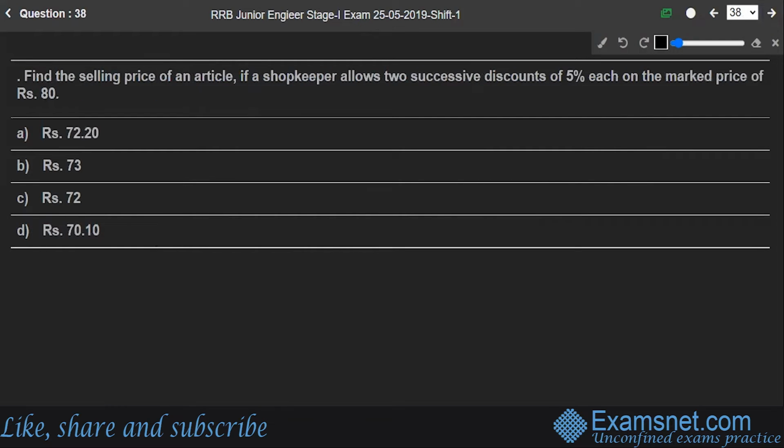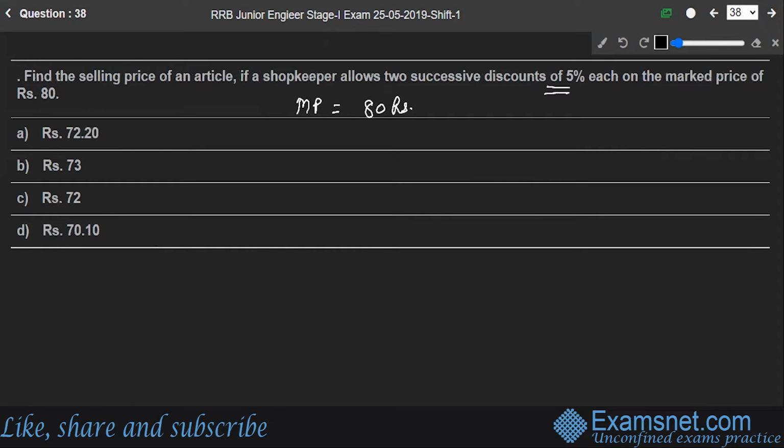Find the selling price of an article if the shopkeeper allows two successive discounts of 5% each on the marked price of 80 rupees. Okay, let's start. First thing, you have the marked price as 80 rupees and the shopkeeper gives you two successive discounts of 5%.